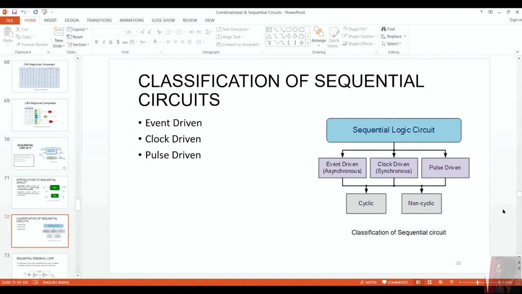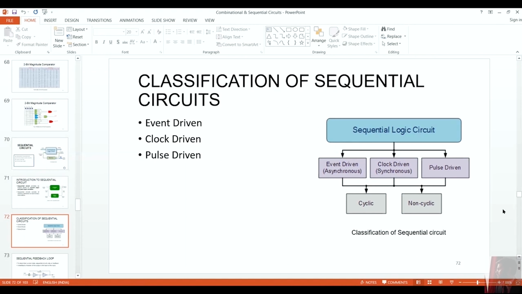So how can we classify our sequential circuits? It can be event driven, clock driven, or pulse driven. Event is a very random sequence, so normally we only emphasize clock and pulse.